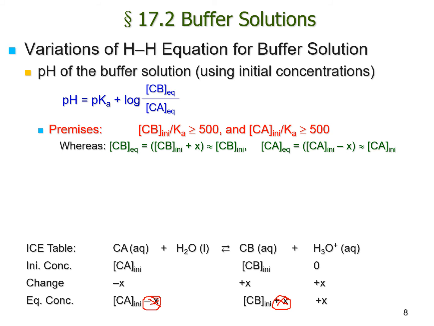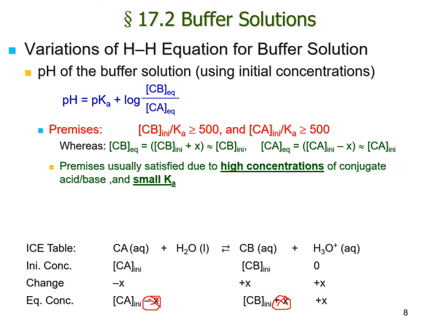If we can ignore those X terms, the initial concentration is equal to the equilibrium concentration for both substances. In other words, we can replace the equilibrium concentration with the initial concentration.